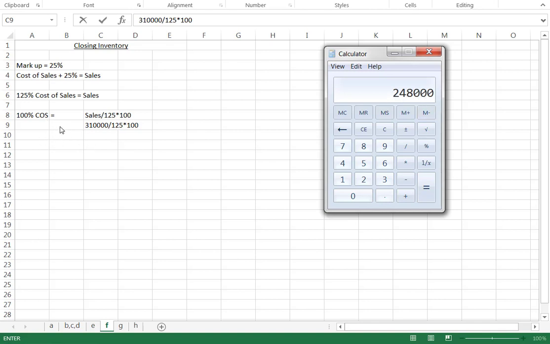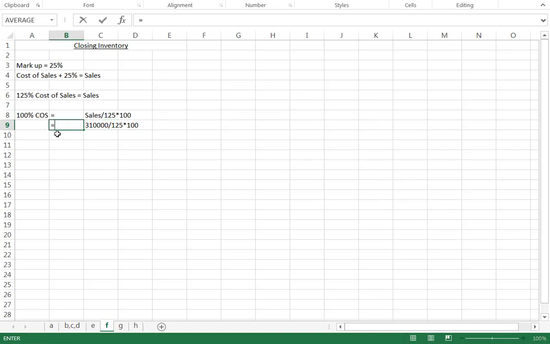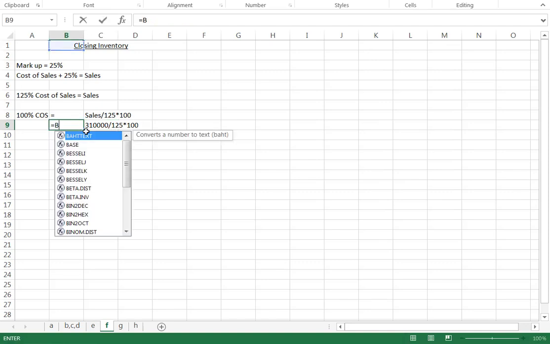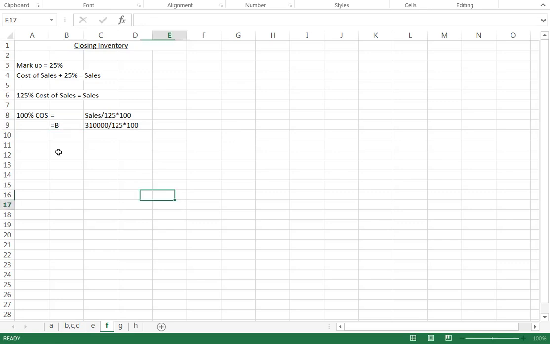So 100% of cost of sales equals 248,000. Okay, so just be very aware of your markup and your margin. Do you remember we said markup is on cost of sales? So cost of sales plus 25% is equal to sales, so 125% of cost of sales is equal to sales.